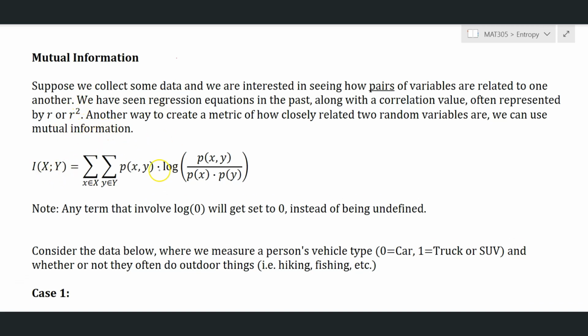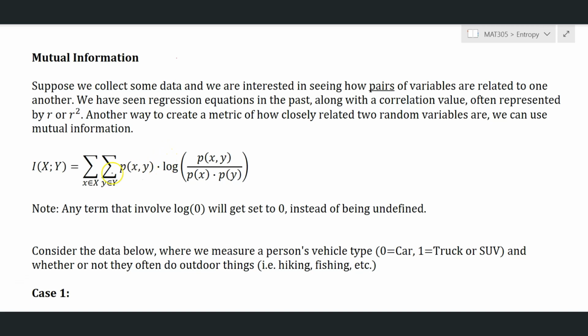You're going to notice that it looks somewhat similar to entropy, cross entropy, and KL divergence. It looks a lot more like KL divergence, but we're not going to unpack the derivation here so much. I of x comma y, the information between x and y, is the sum across all x's and y's.